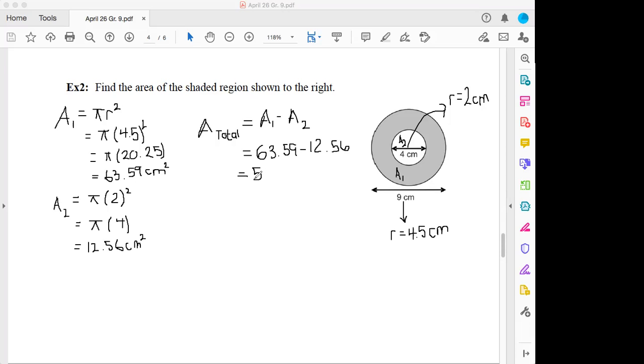Okay, so that gives us a total of 51.03. Okay, so I'm about to clear that.